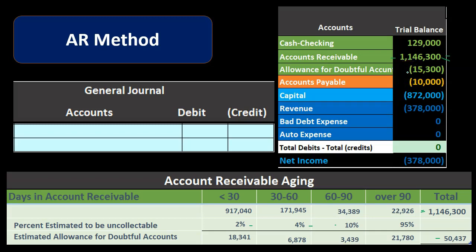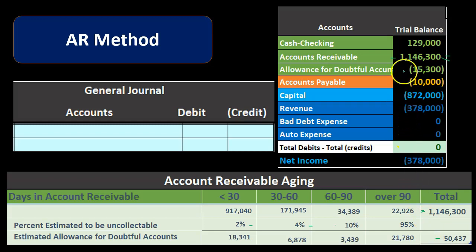That doesn't happen too often, but if it does, and we need to get to this 50,000 and this was a debit, then we would have to credit it by something to get it back to zero, and then add another 50,000 to it in the credit direction. In other words, if this, say, was a debit balance of 15,300, we'd have to take the 15,300 plus the 50,437 to get it to the credit balance of 50,437.